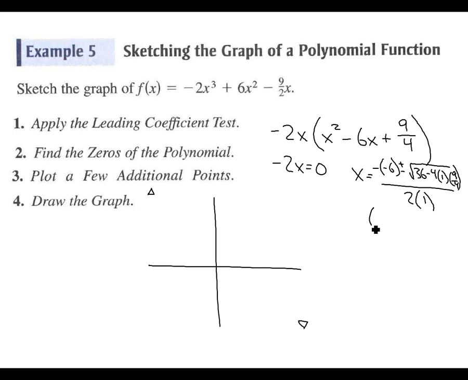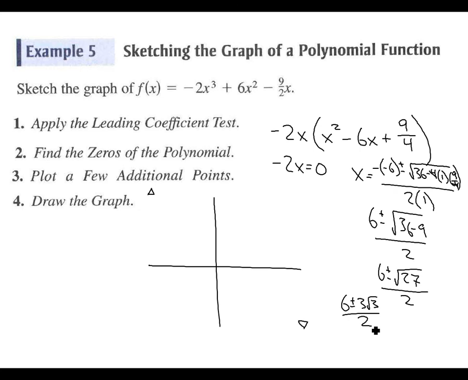And so we've got 6 plus or minus the square root of 36, 4's cancel, minus 9, all over 2. 6 plus or minus the square root of 36 minus 9 is 27, all over 2. Okay, and so we could clean this up and have 6 plus or minus 9 goes into that, so 3 root 3 all over 2.